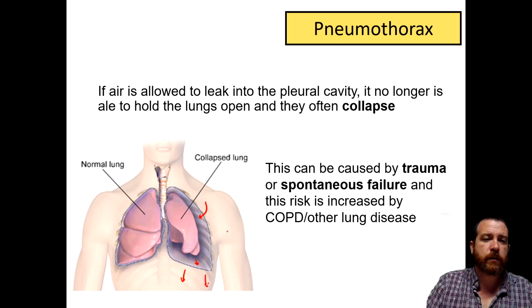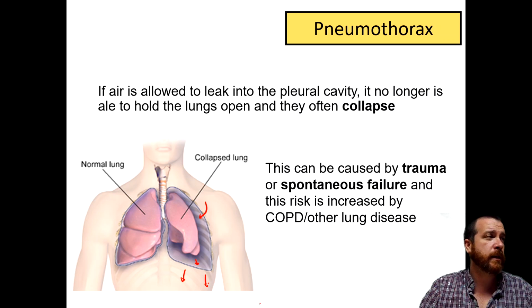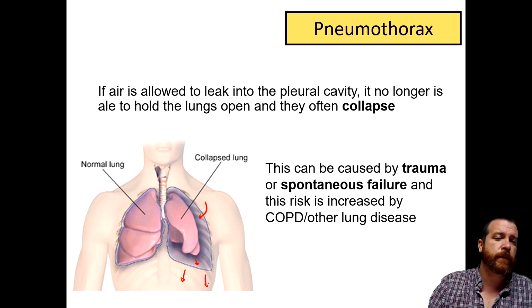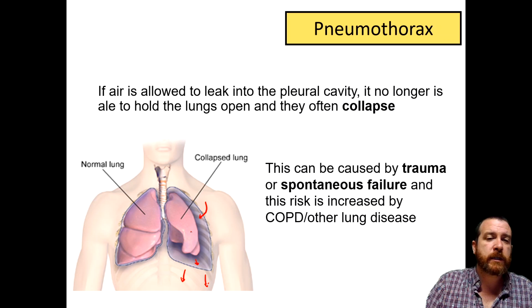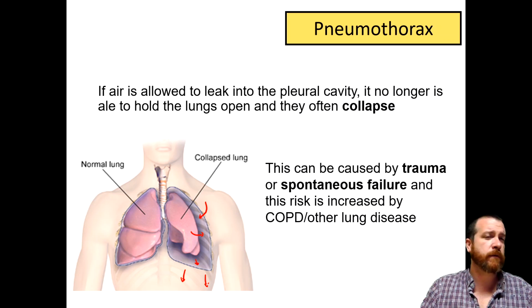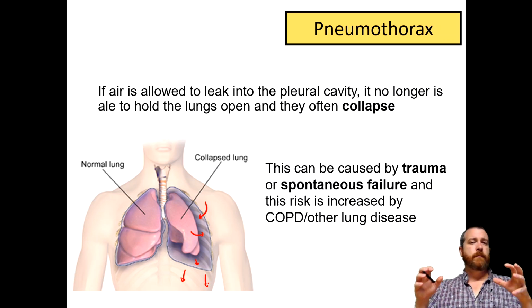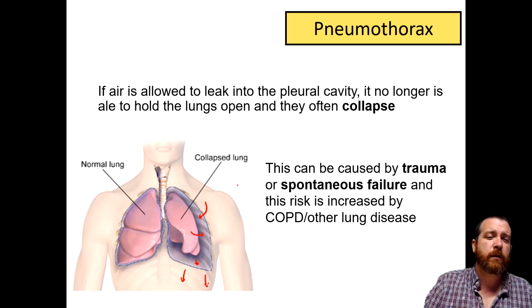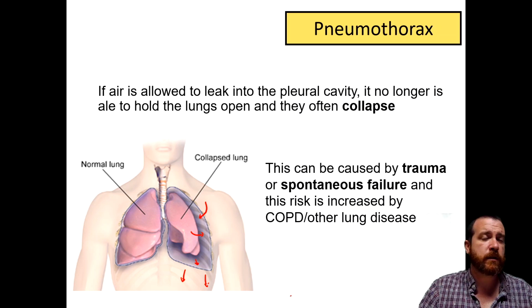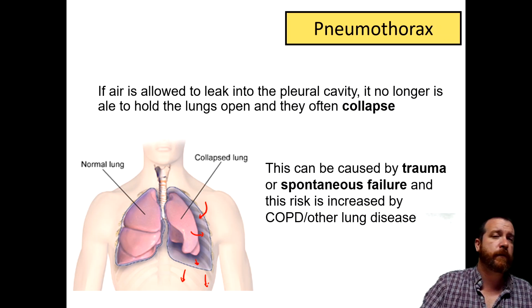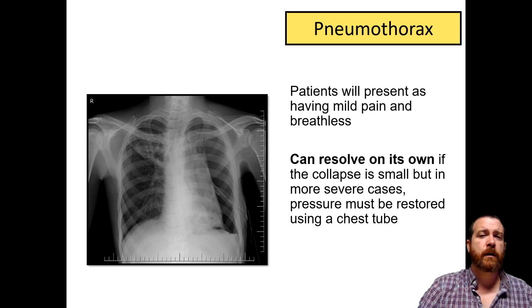Trauma is going to be more likely for this air to be leaking in from the outside of the chest, or COPD is going to be the air is actually leaking out of these alveoli. If these large, multi-nodular alveoli are leaking air that you're breathing in, and then some of that is moving into the pleural cavity, you're going to develop a pneumothorax.